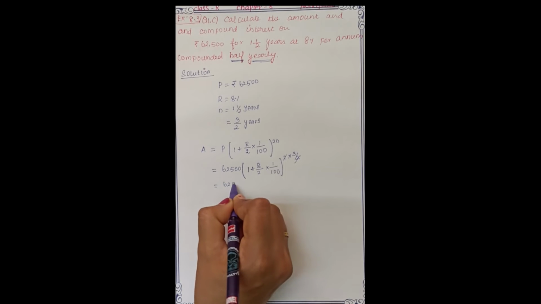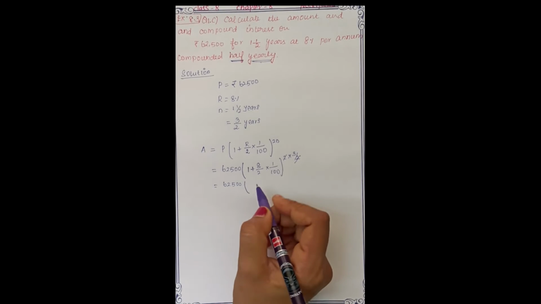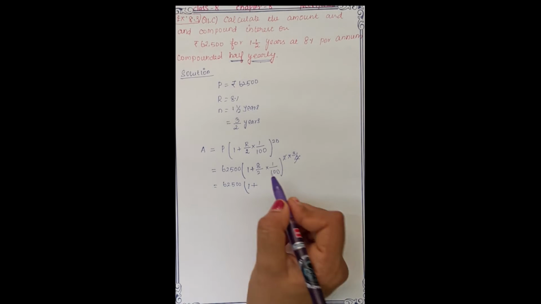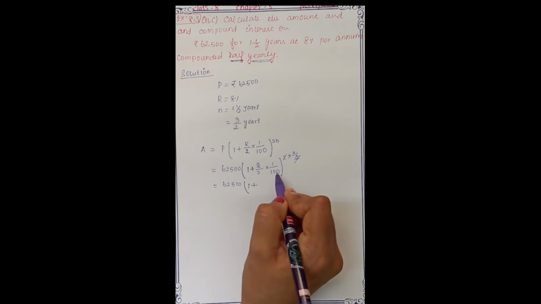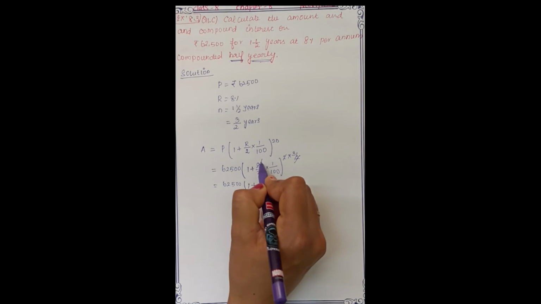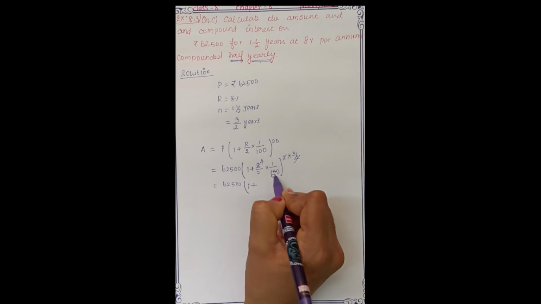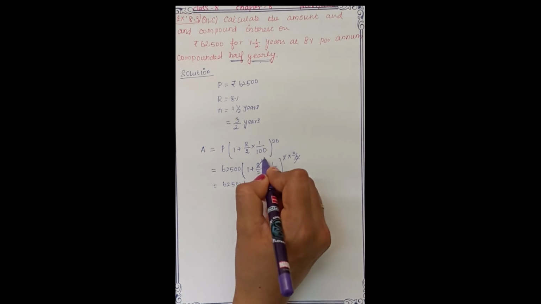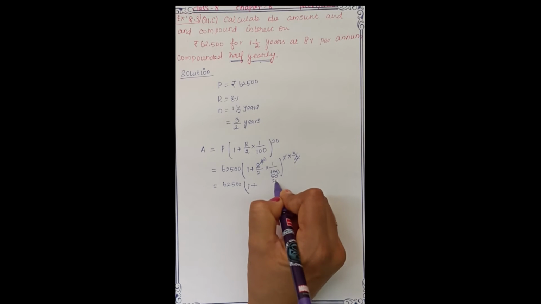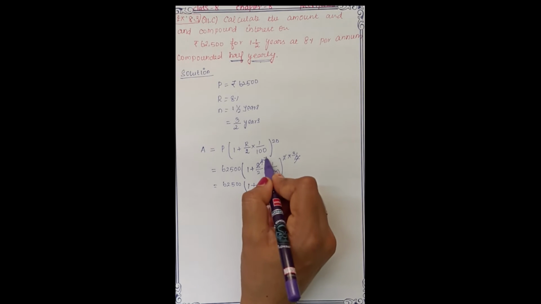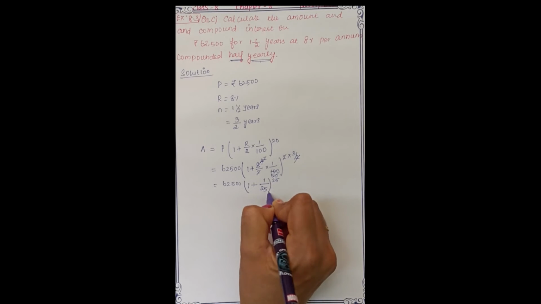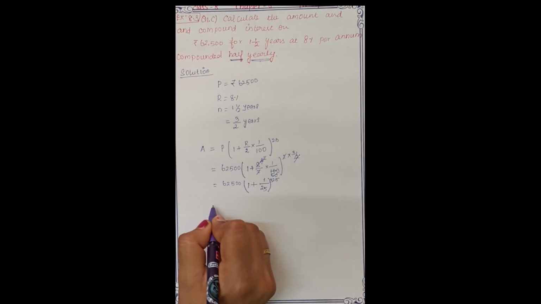Now 62,500 into 1 plus, cut this 8 and 100 by 2 table. 4 2s are 8, 5 2s are 10, 0, 50. Again cut by 2 table. 2 2s are 4, 25 2s are 50. Cut this 2 and this 2. Next we have 1 plus 1 divided by 25. In power we have 3.